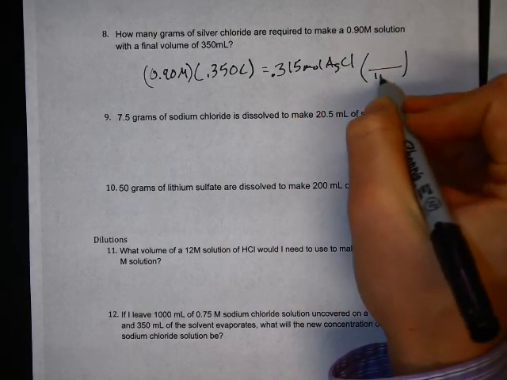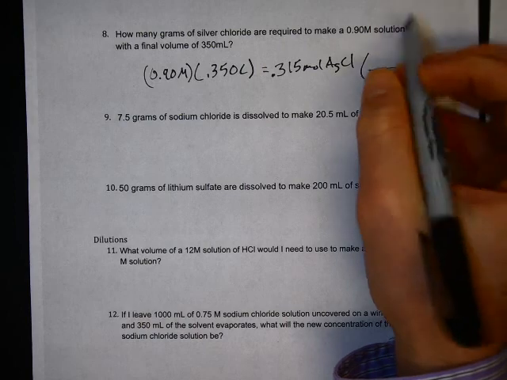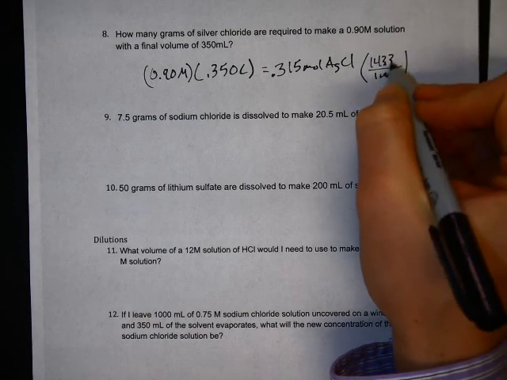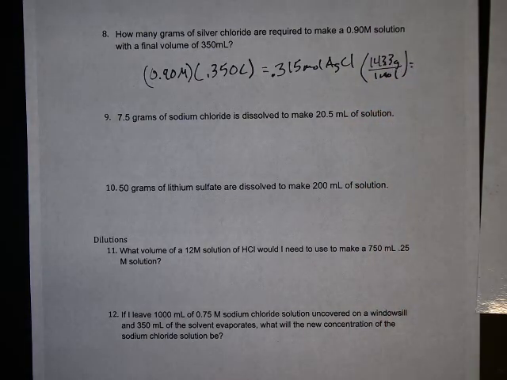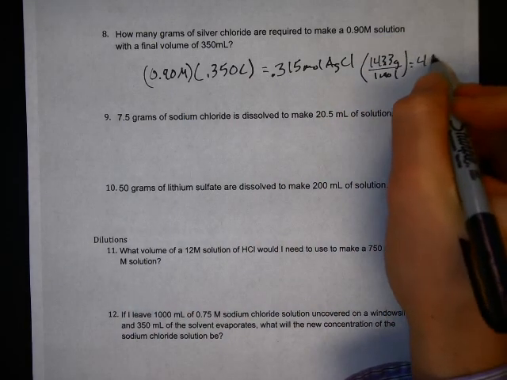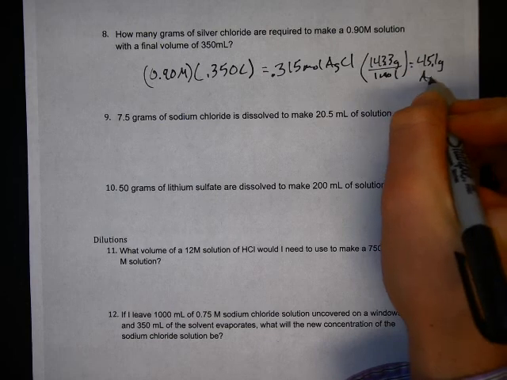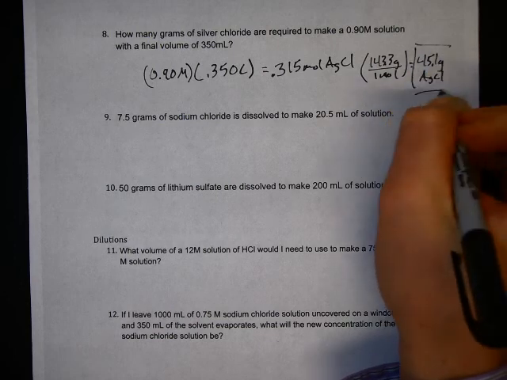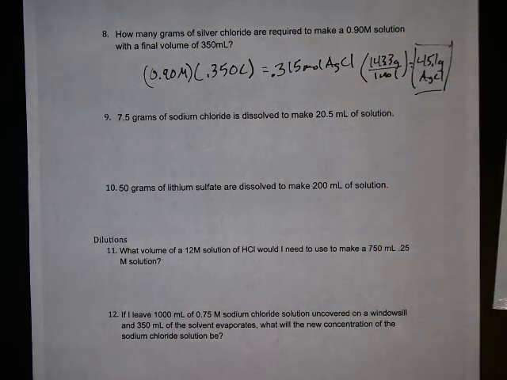And then again from before, 1 mole of silver chloride has a mass of 143.3 grams. Multiply that, I get 45.1 grams of silver chloride. That's my answer there.